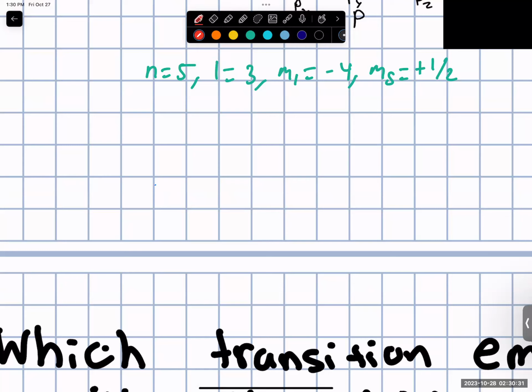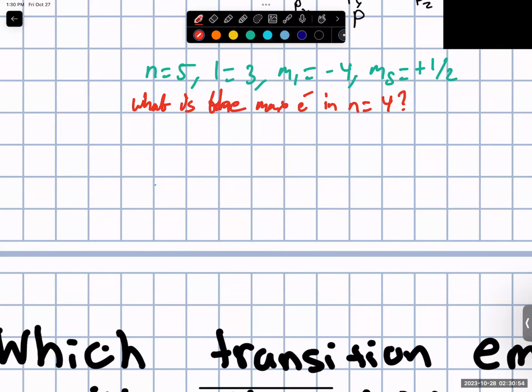So, let's just say, what is the max electrons in the n equals 4 shell? So I want to know in my 4th energy level, what's a full electron shell gonna look like?